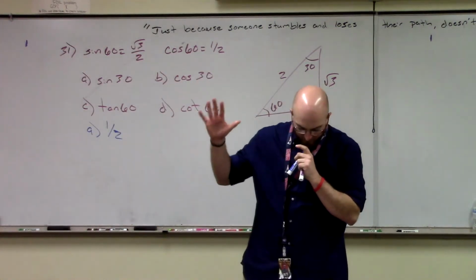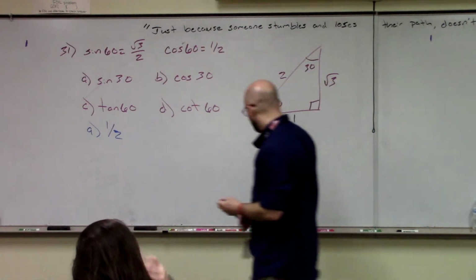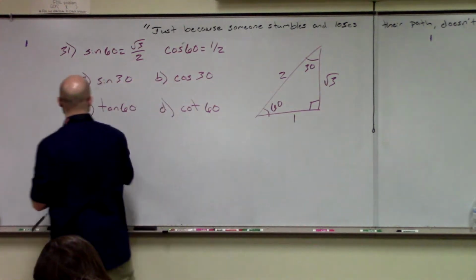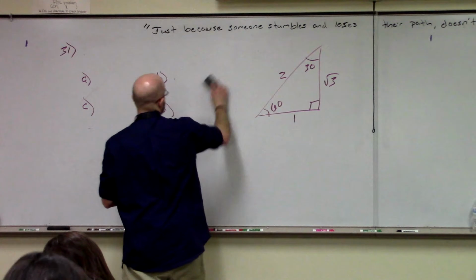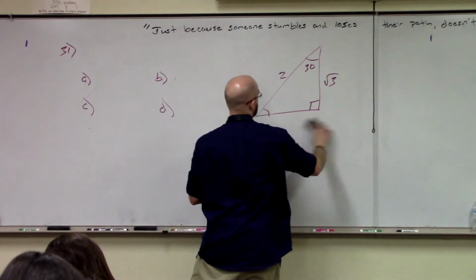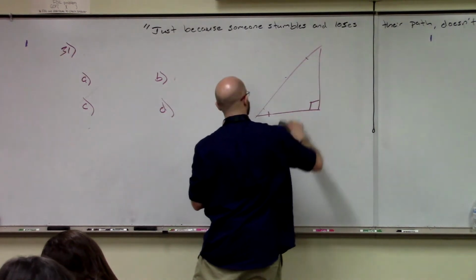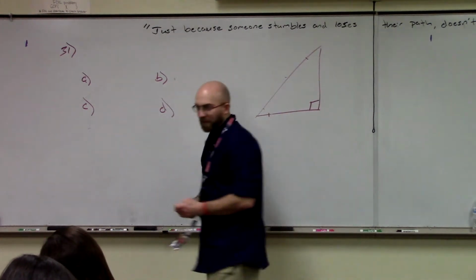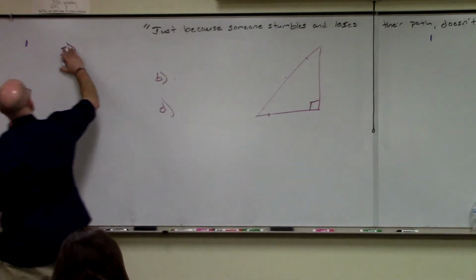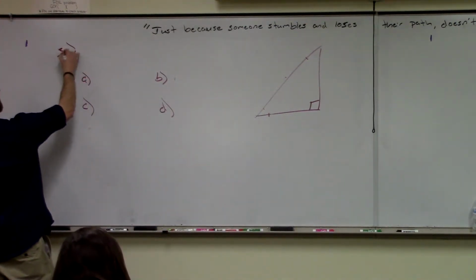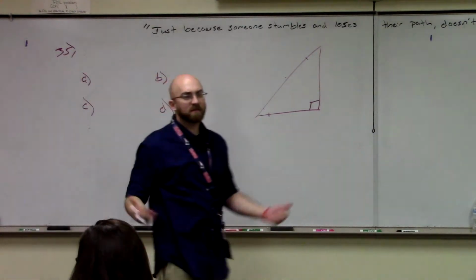Let's do 35. Yeah, it's alpha. You can change it to theta. It's just a variable. It doesn't matter.